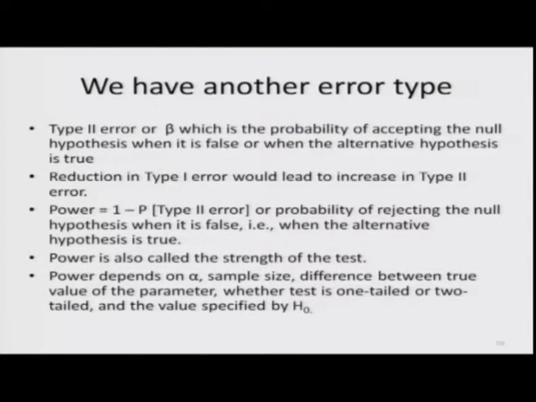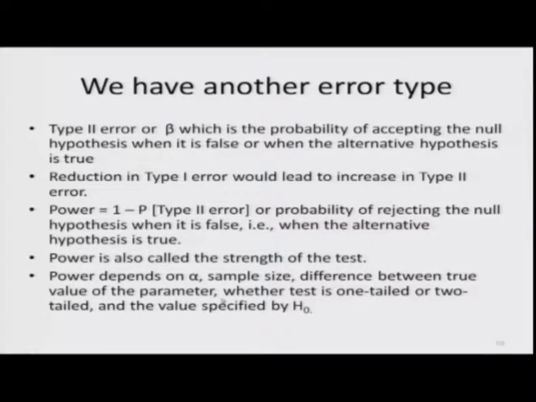What I was telling, the aim of statistical testing is to ensure a high power of the test, means probability of rejection of null hypothesis when it is wrong or when alternative hypothesis is correct. So, power is 1 minus probability of type 2 error, or probability of rejecting the null hypothesis when it is false, that is when the alternative hypothesis is true. Power is also called the strength of the test.